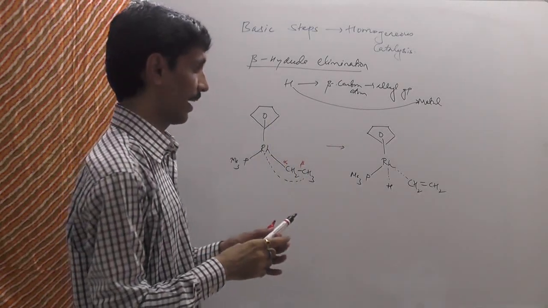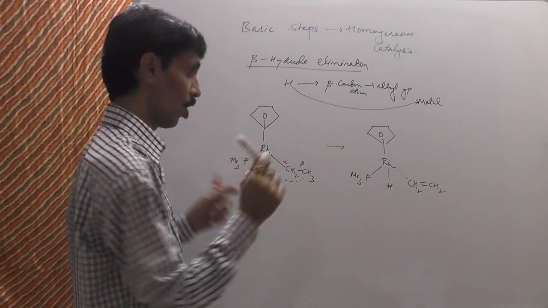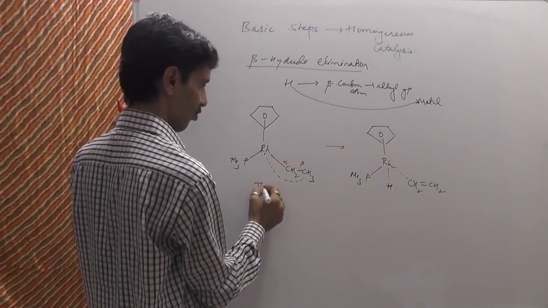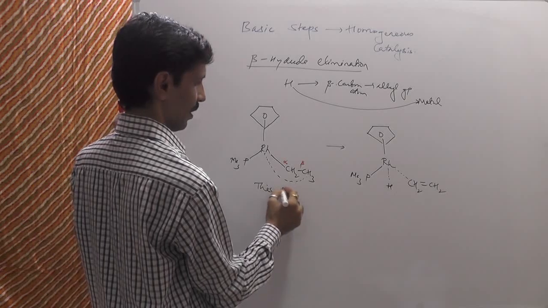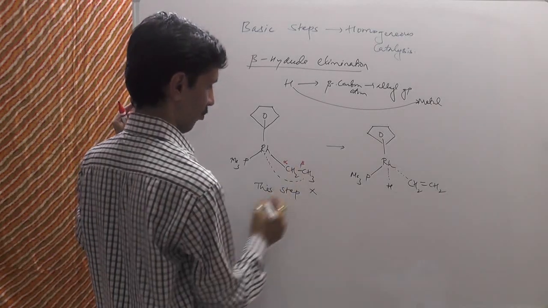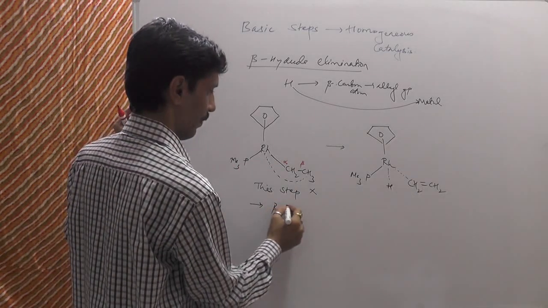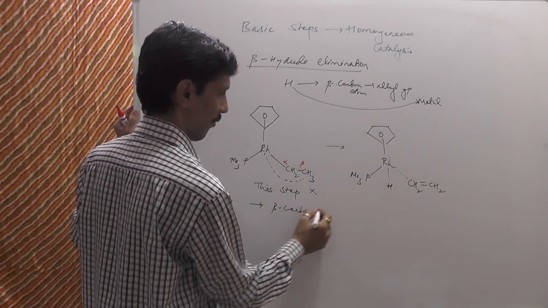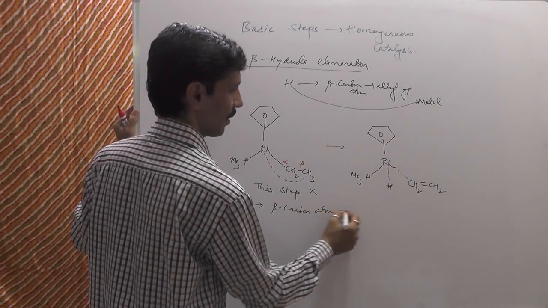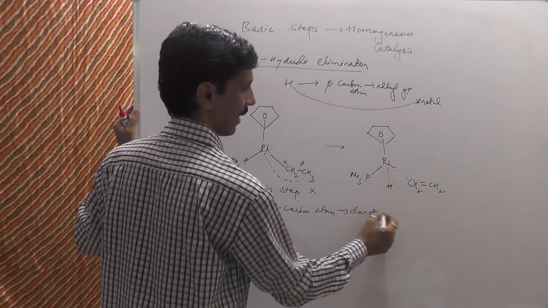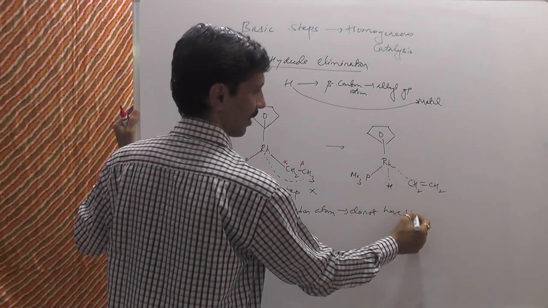Now, as I say, the important conditions which have to be kept in mind: this step does not take place if, number one, the beta carbon atom of the alkyl group does not have a hydrogen or does not have a proton.